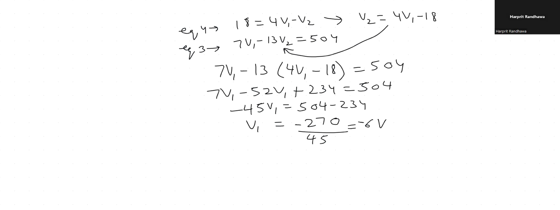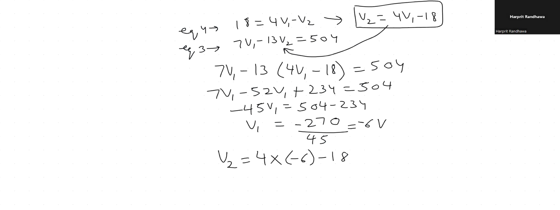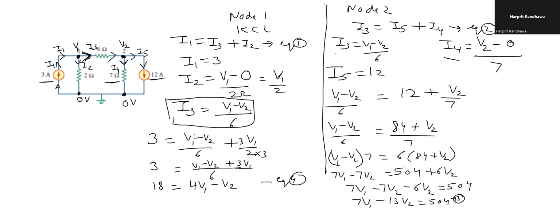Once we have found the value of V1, you can plug in the value of V1 in this equation here to find V2. So V2 will be 4 times minus 6 minus 18. So that gives me minus 42 as V2. So we got the voltages at node 1 and node 2.